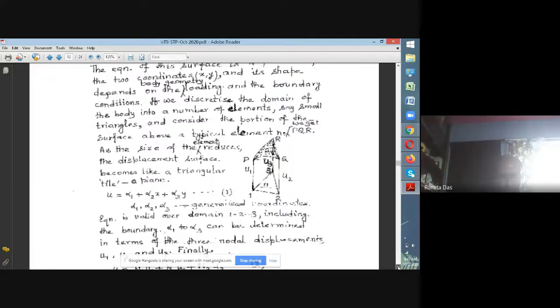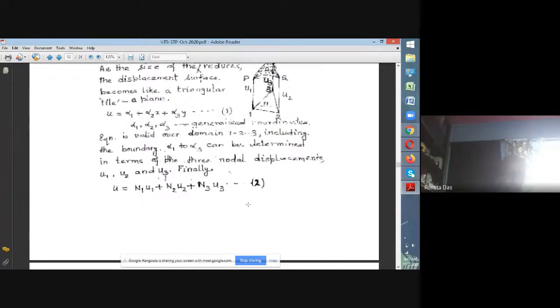Finally, it can be written in the form N1, which is a function of x and y, times u1, plus N2, again a function of x and y, times u2, plus N3 times u3, where N3 is also a function of x and y.